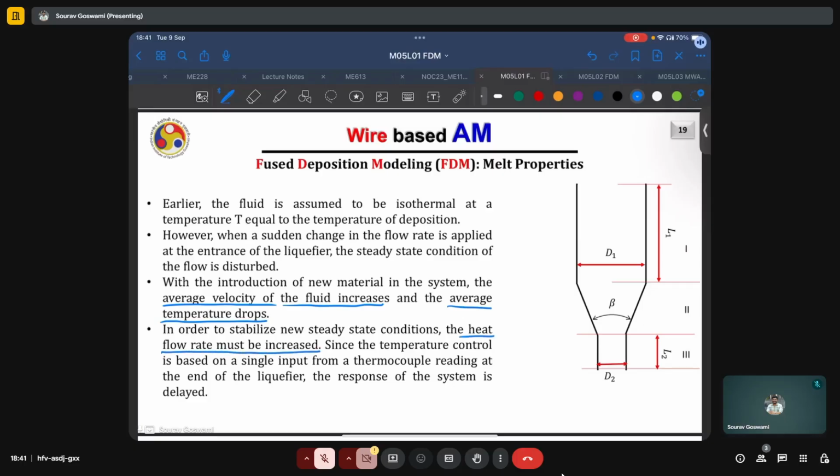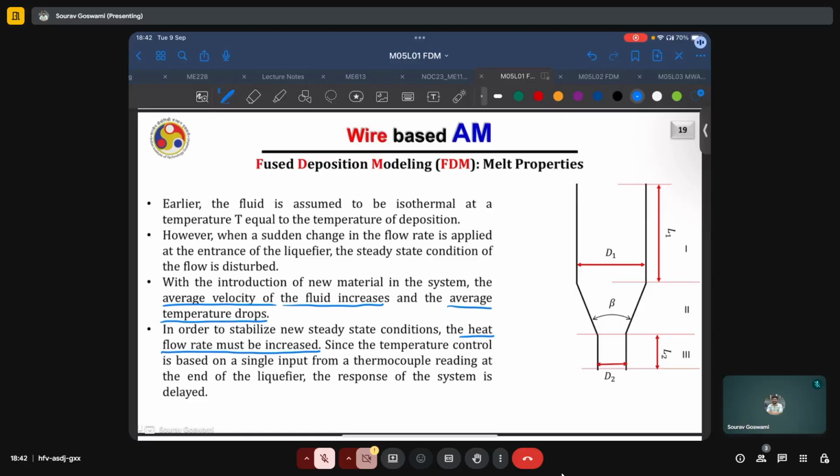Because now we have a larger volume of material coming in, but the amount of heat that we are supplying to this new volume is still the same. So its effect will be a lower rise in temperature than intended. If we want to maintain the isothermal conditions that we started with, and we have a larger quantity of material coming in, we must also supply a larger quantity of heat.